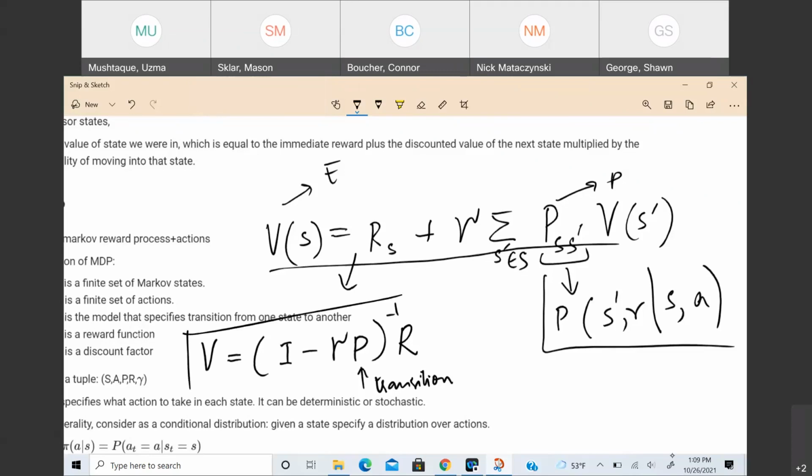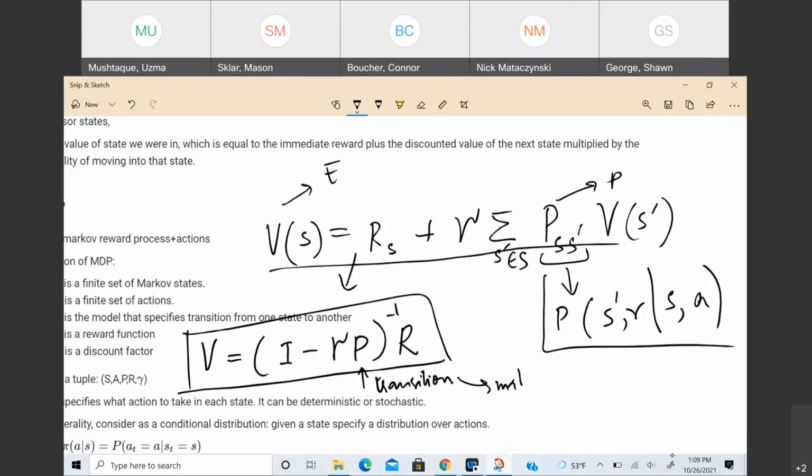So I am able to come down to this equation if I just rearrange the terms and solve for my V. Basically, I'm trying to compute this V. I'm trying to find out what my value is, given my agent, my environment, and the rewards that I'm getting.